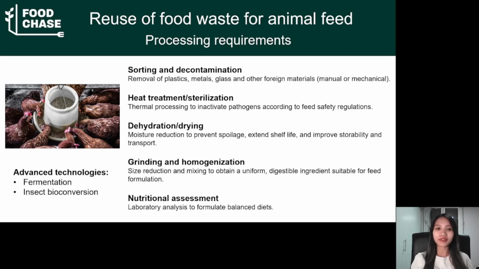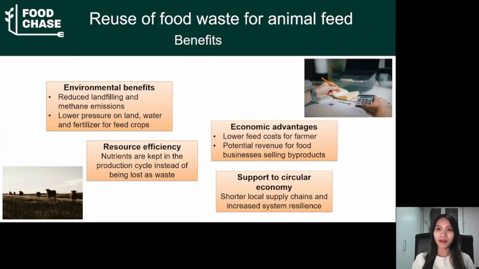Now there are also advanced technologies like fermentation that can improve the digestibility, or insect bioconversion that can increase the nutrient content. Since the food waste doesn't end up in landfill, this can also reduce methane emission. The reuse of food waste for animal feed can lower pressure on land, water, and fertilizer for conventional feed crops.